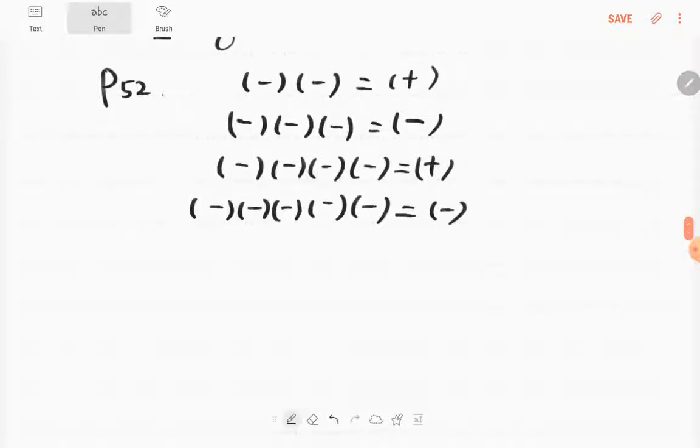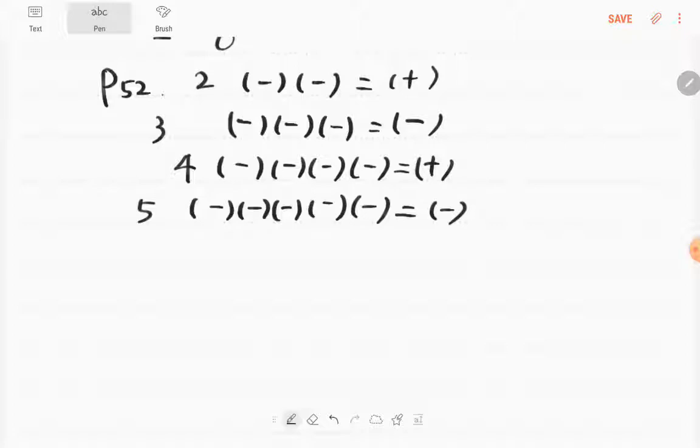If we have an odd number of negative numbers, just like 3 negative numbers, 5 negative numbers, we will get a negative result. And if we have an even number of negative signs, something like 2 and 4, we will always get the positive sign for our result.